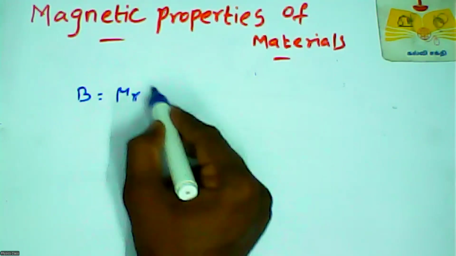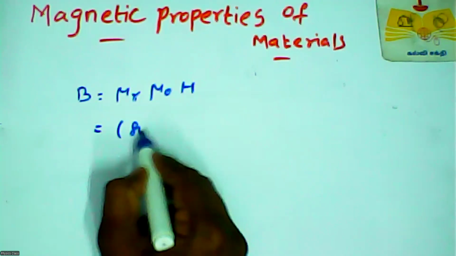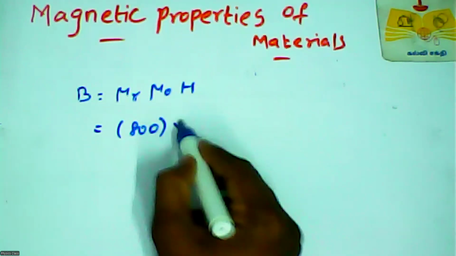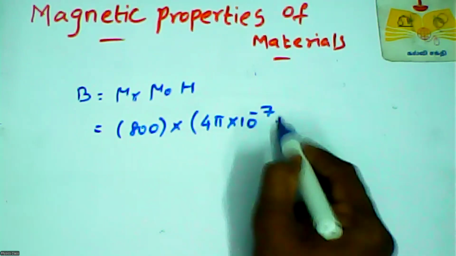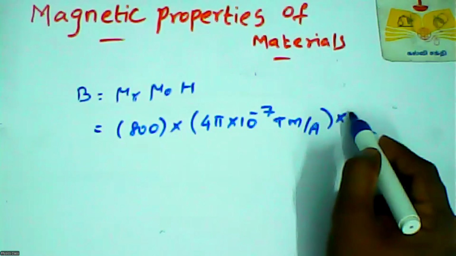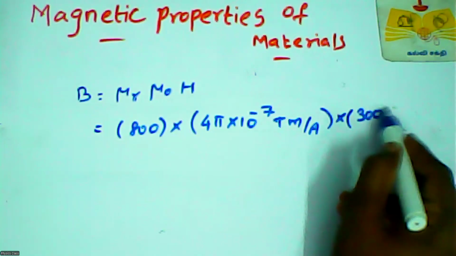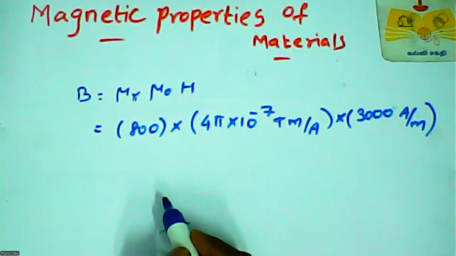So mu r mu naught H. Mu r is 800 as per our problem, mu naught is 4 pi into 10 power minus 7 Tesla meter per ampere, and H we have 3000 ampere per meter. Clear?